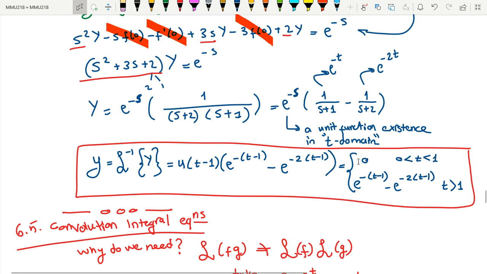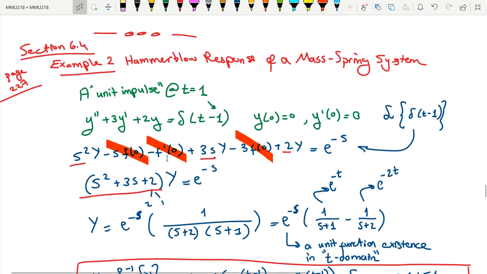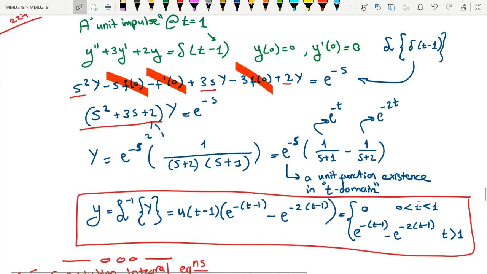There will be no outputs. Okay, this is my output function. There will be no outputs before I punch it. Is that true? Yes, because everything is silent until 1 and I punch it, right? The mass spring system, I put a hammer to it right at 1. Until 1 it's silent, and after 1 something will happen.